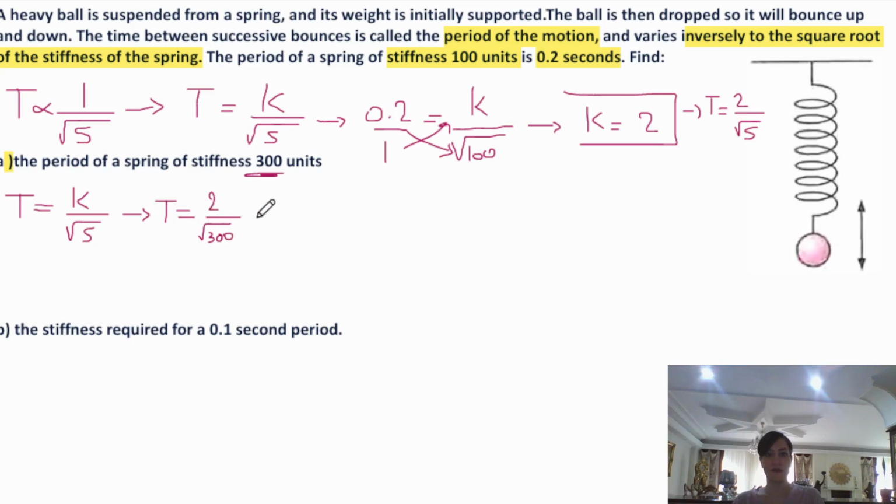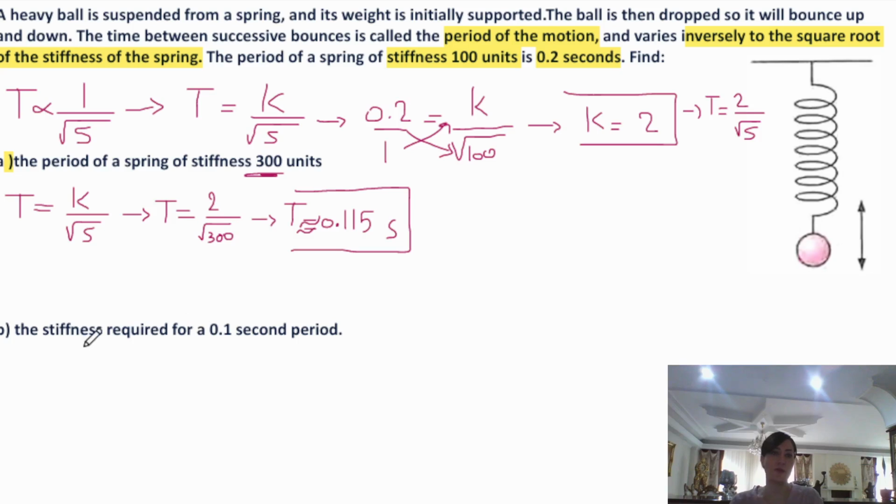If I find the value of it, it would be almost 0.115 seconds. So the period here is 0.115 seconds.